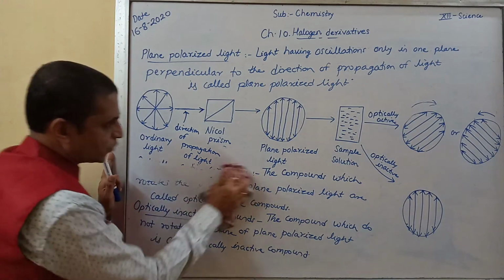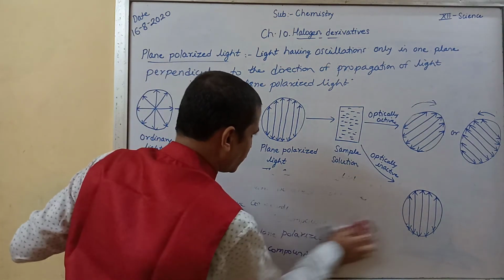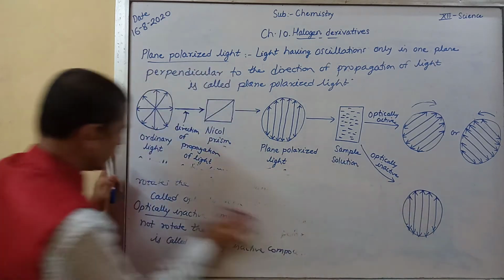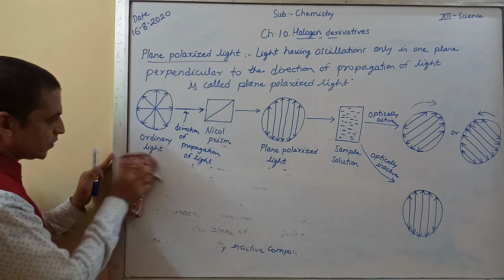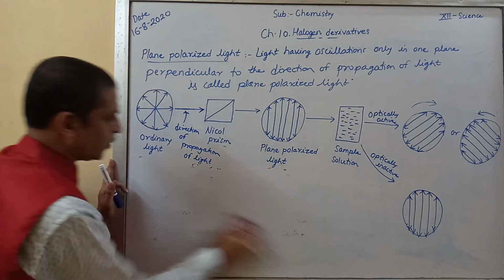Now we must know one more concept, that is what? Optical rotation. Optical rotation may be positive or negative. Optical rotation means what? It is the angle of rotation.